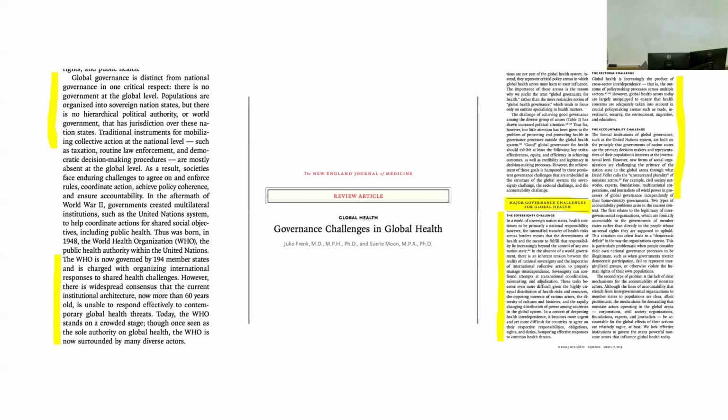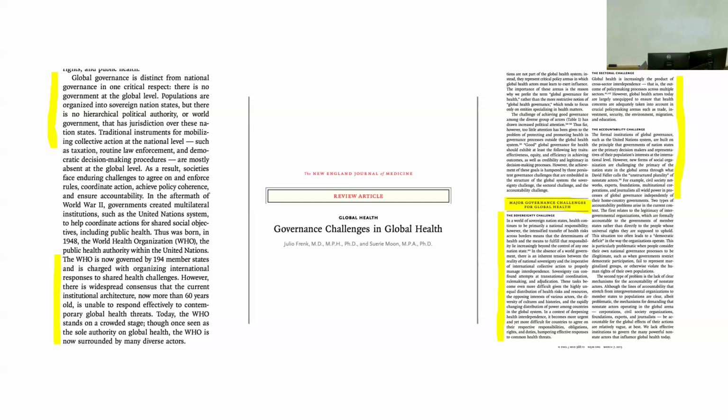But Julio and Suri identified 3 major governance challenges and characterized them as the sovereignty challenge, which just has to do with the fact that every country is its own sovereign nation and can decide what it wants to do when it comes to healthcare for its people. There's no way to get around that. The second is the sectoral challenge.